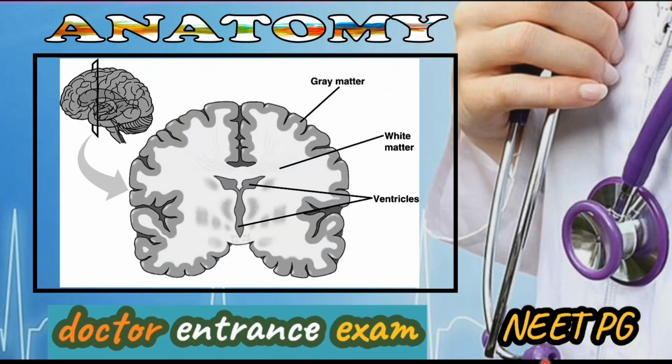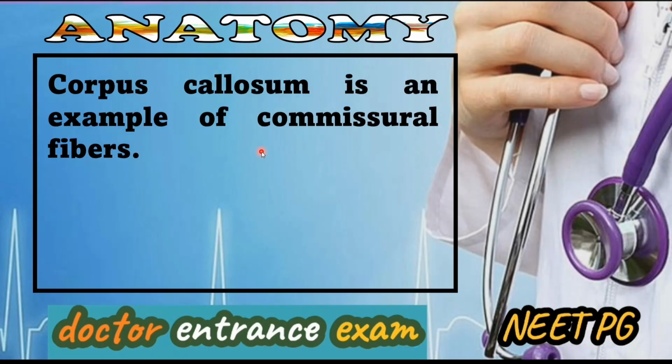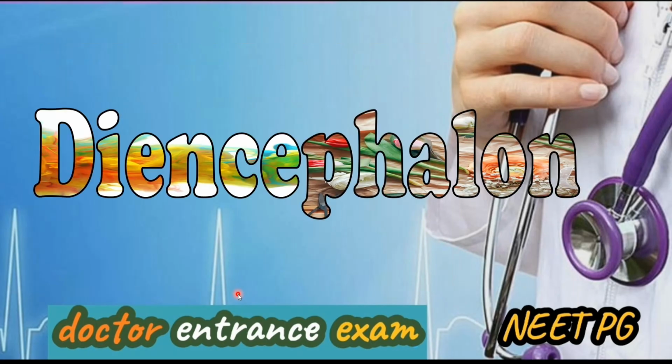White matter. This is part of the brain cross section. Gray matter, white matter, ventricles. Corticonuclear tract is carried by the genu of the internal capsule. Corpus callosum is an example of commissural fibers. Diencephalon.